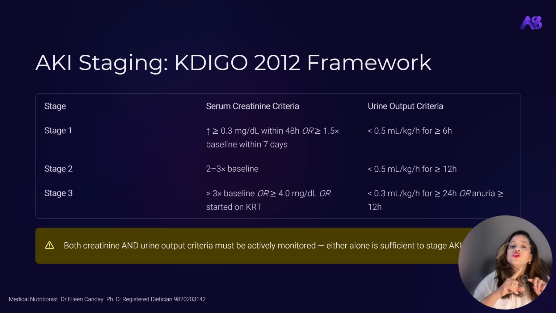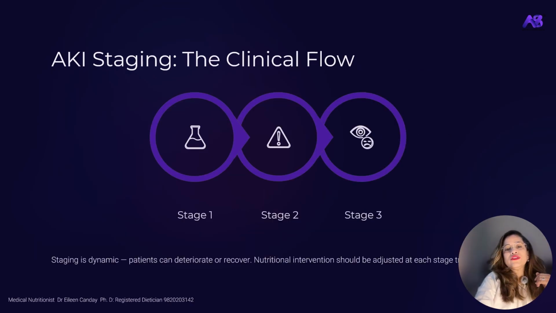So you need only one criterion to be met. Either the creatinine changes or the urine output changes. At this stage of AKI, we don't wait for both. So even if one is positive, it is said to be an AKI based on these stages.